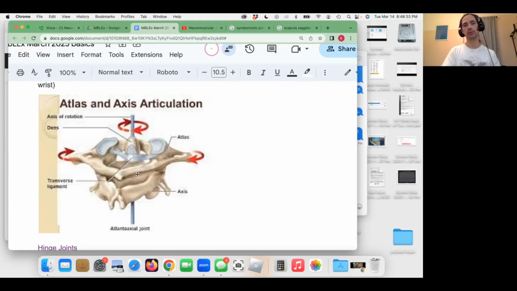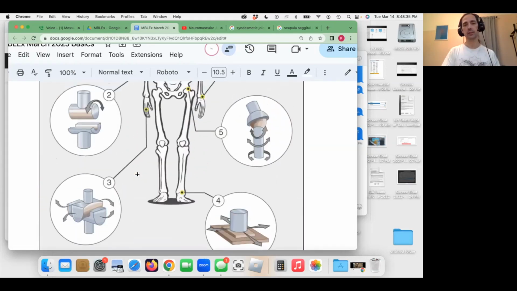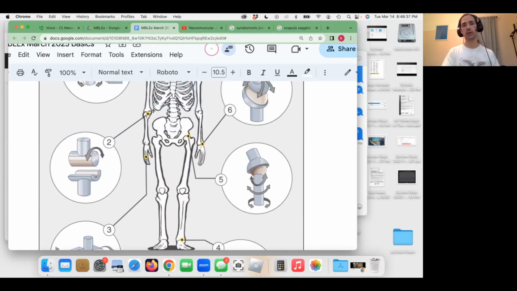Another pivot joint takes place in the elbow, the proximal part of the elbow. Remember, proximal and distal. Hopefully you guys can see me. I don't have my review camera on tonight. But the radius fits into this annular ligament up here and allows the radius to spin, to turn.